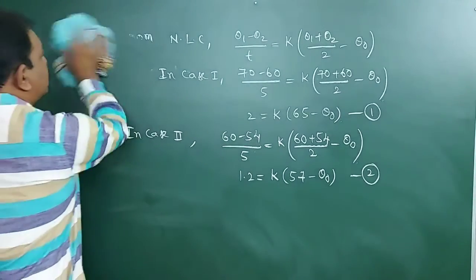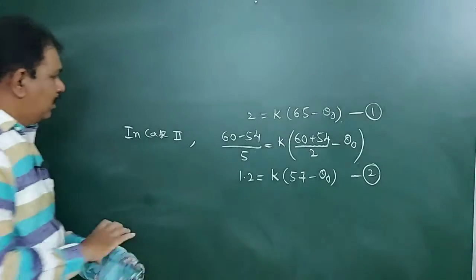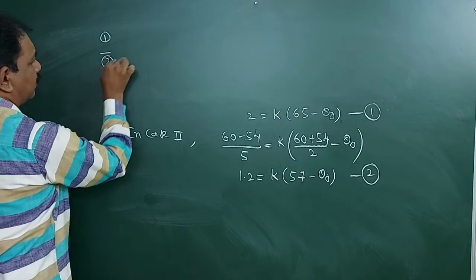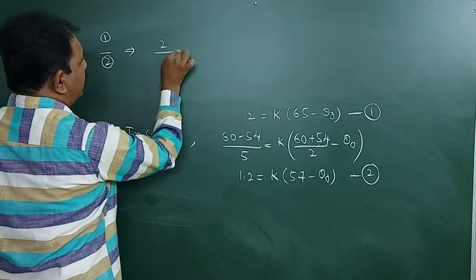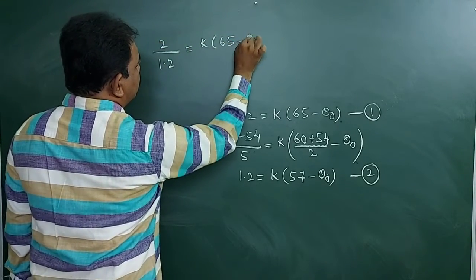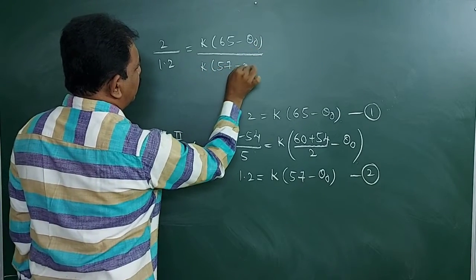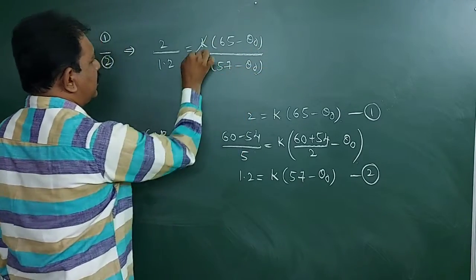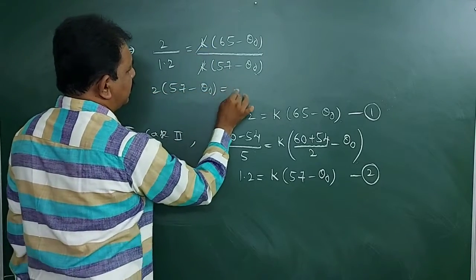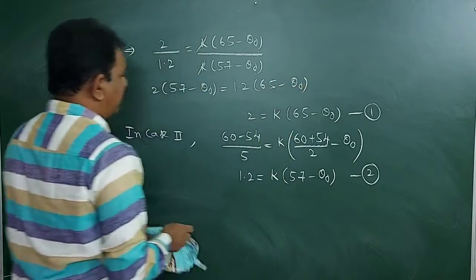So 2 by 1.2 is k into (65 minus theta naught) by k into (57 minus theta naught). Cross-multiplying, 2 into (57 minus theta naught) equals 1.2 into (65 minus theta naught).